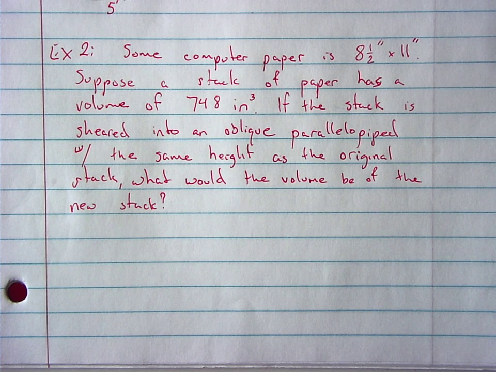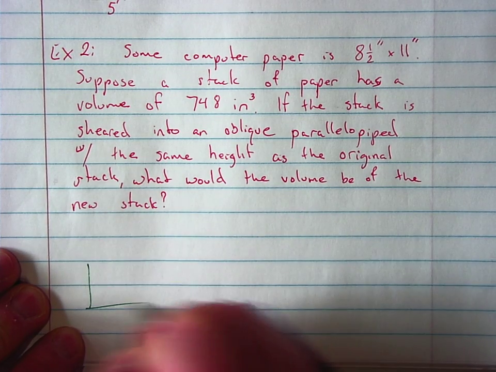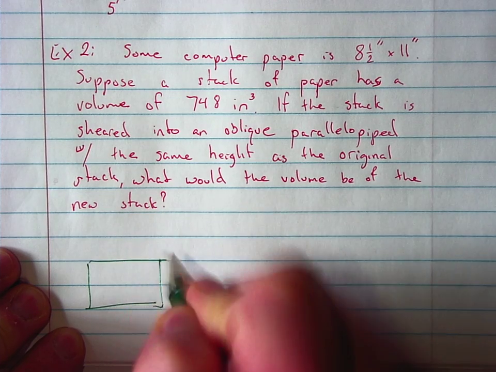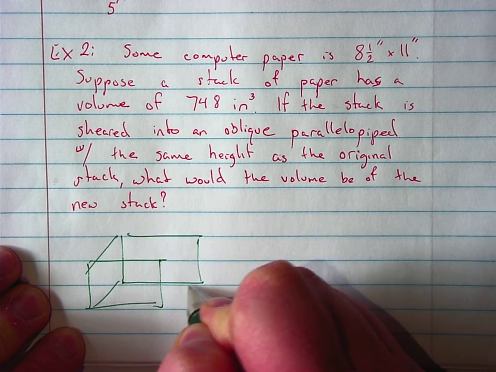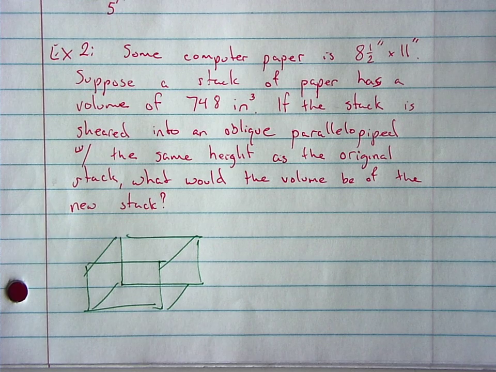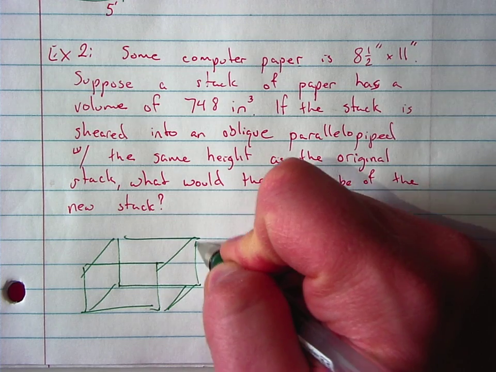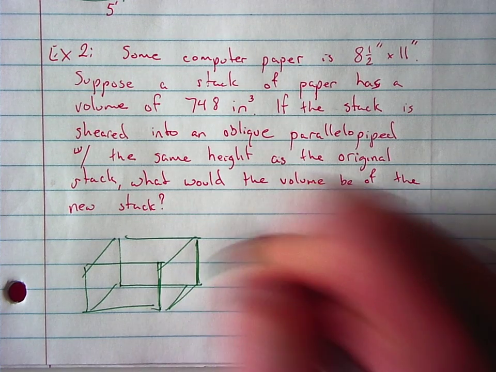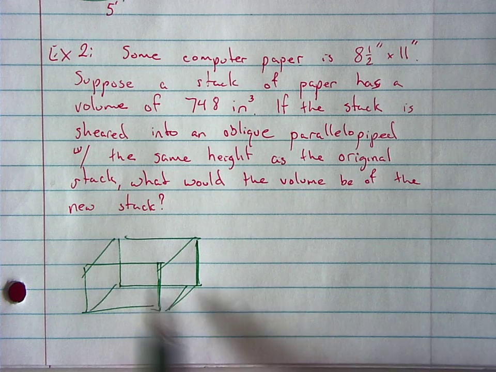So I have a big stack of paper. I do not draw the stacks leaning particularly well. So if we think of this one, if this is the top and bottom, I've got something square right there.